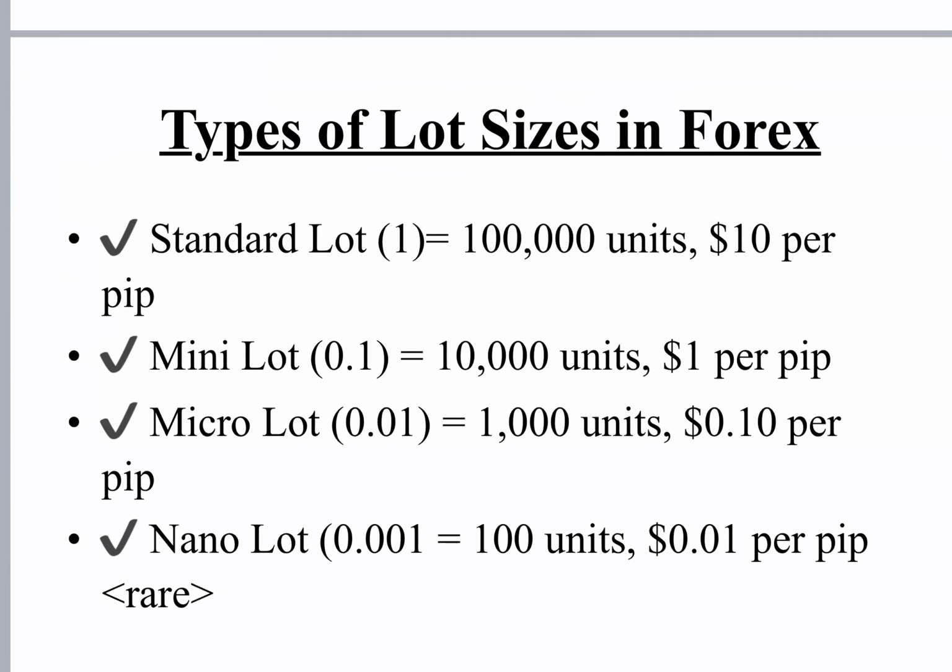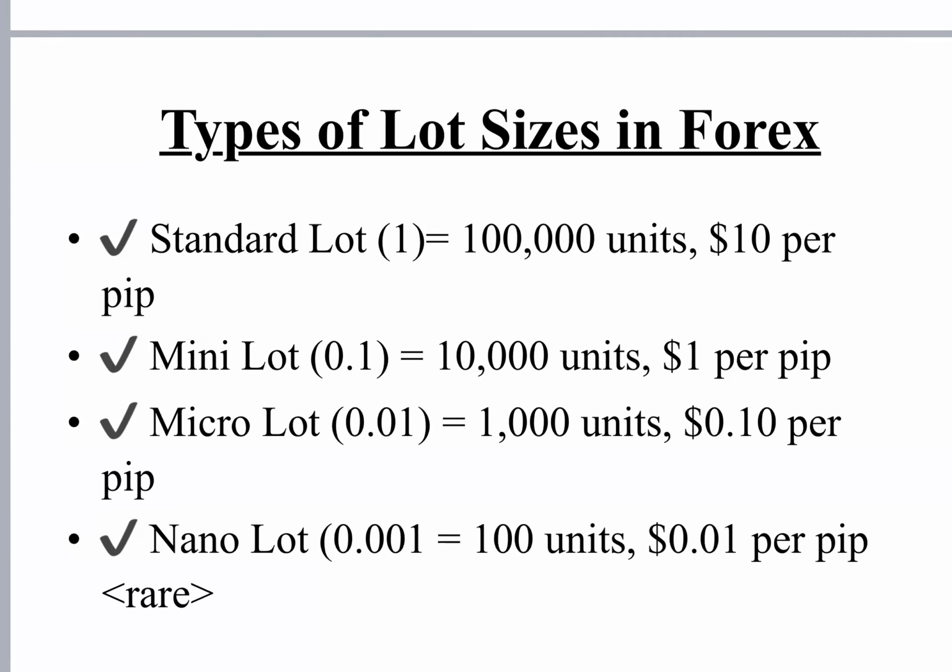So if you open 1 lot size and the market moves 1 pip, you have $10, either $10 profit or $10 loss. If the market moves in your direction, you have plus $10 profit because you opened the standard 1 lot size. And if it goes against your direction, you have minus $10.